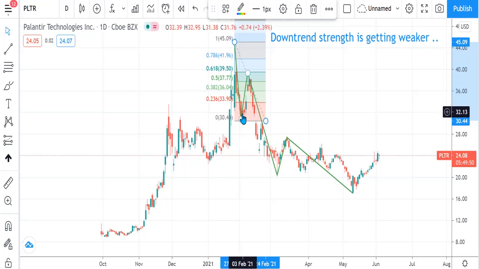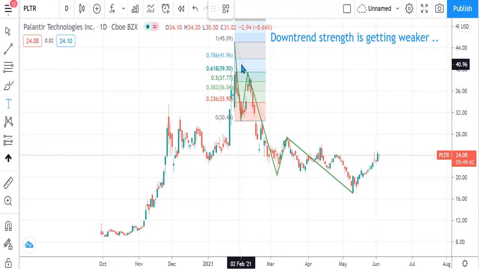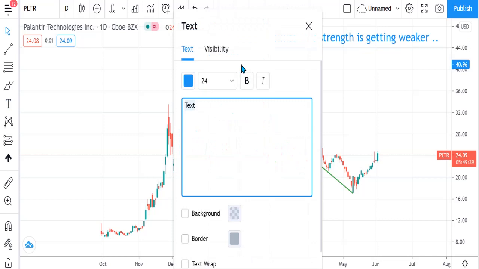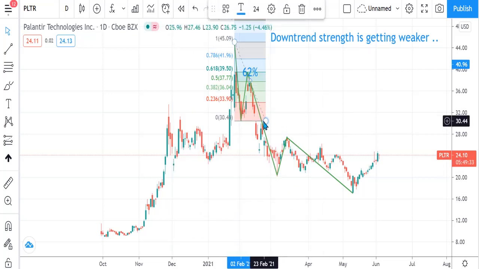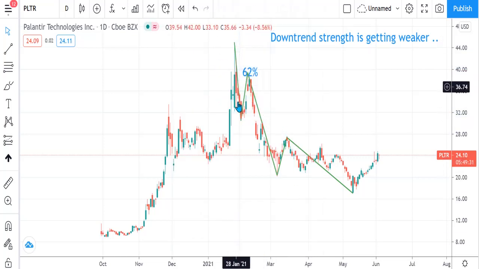For example here, it goes all the way down, how much can it go up? So in this instance, it managed to go up by 62%, right? So we'll jot it down here. So it has power to move up by 62%, right? Okay, that's for the very early loop.